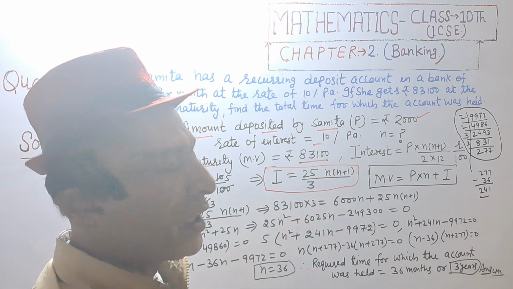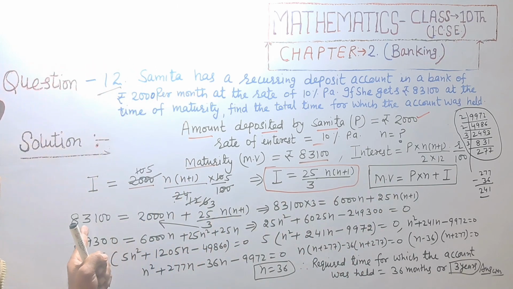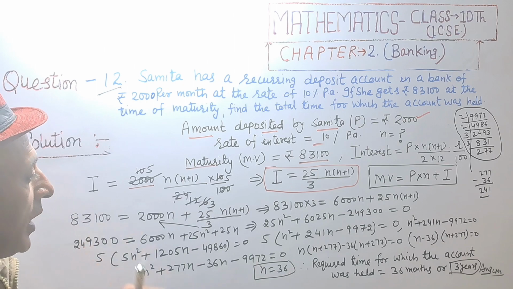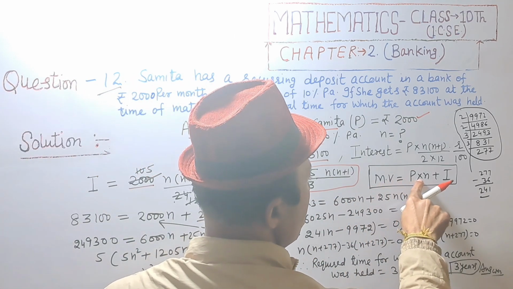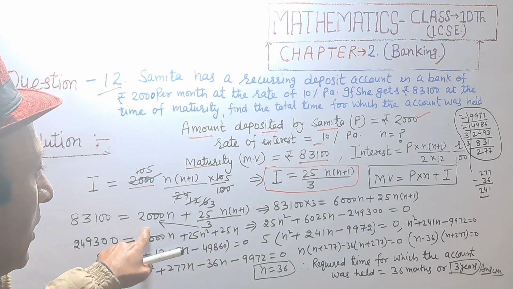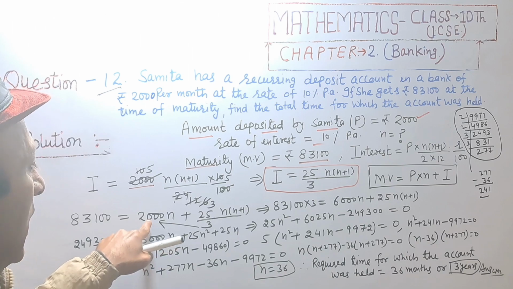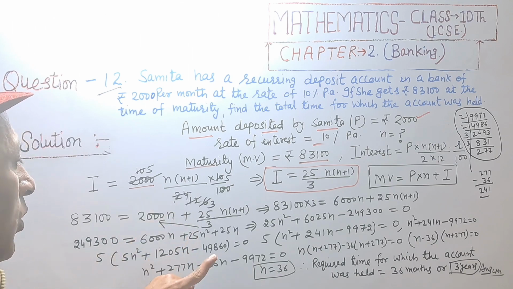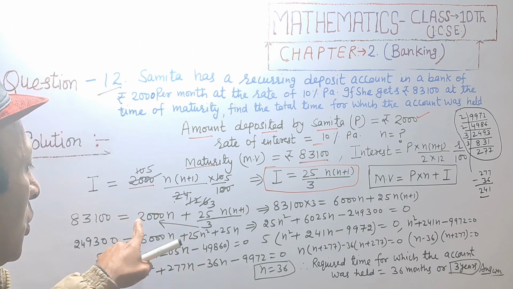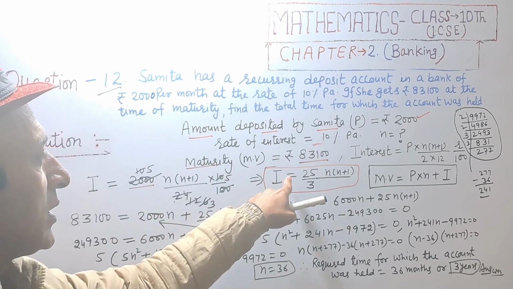Matured value is P into N plus interest I, that is 2000 N plus 25 upon 3 N into (N plus 1).